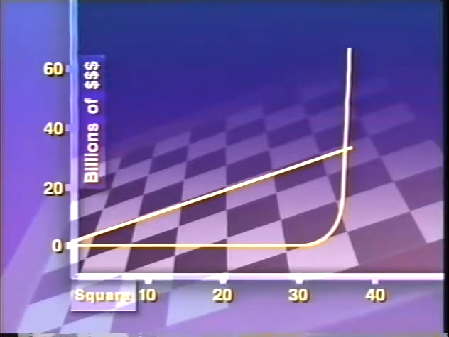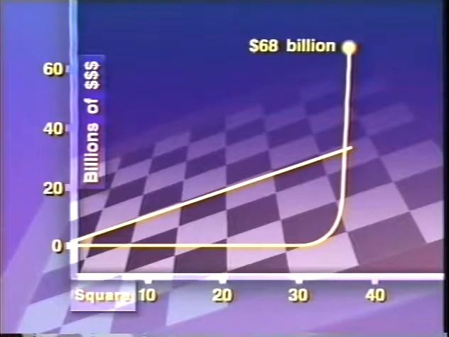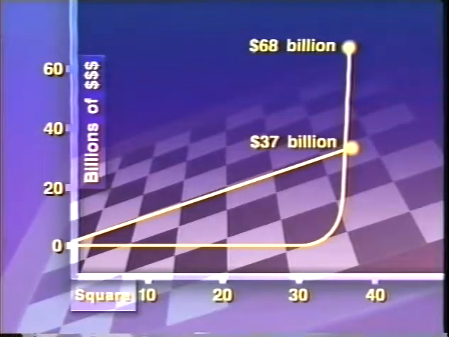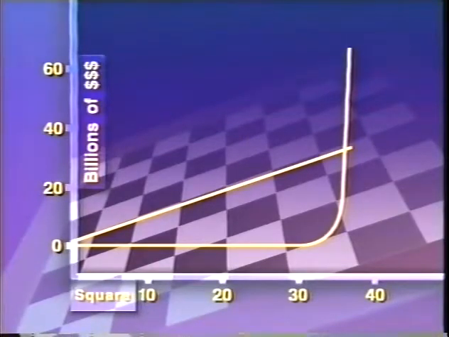By the 37th square, as we just saw, the exponential fortune is $68 billion, surpassing the linear fortune of $37 billion. And the constant multiplying then quickly pushes the exponential fortune to the sky, while the linear fortune continues its plodding additive growth. Even with a $1 billion head start, linear growth is eventually left in the dust by exponential growth.